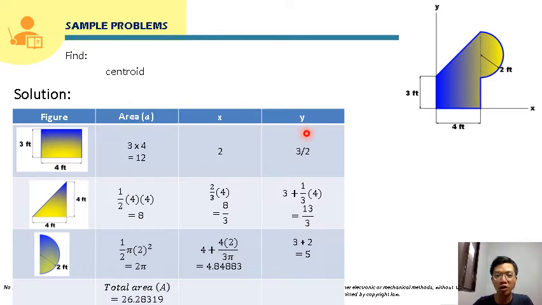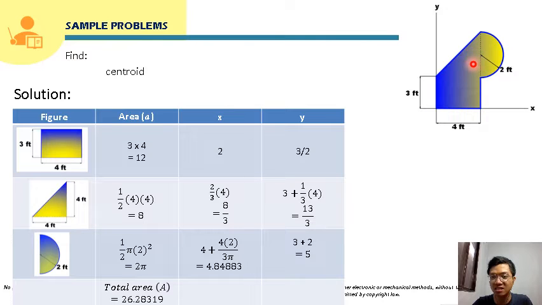Now for the y-coordinate of the centroid of the rectangle, this will be the vertical distance from the origin. This will be half of 3 feet, which is 1.5 or 3/2. That will be the y-coordinate of the rectangle. Now for the triangle, the y-coordinate of its centroid will be 3 feet plus this distance.